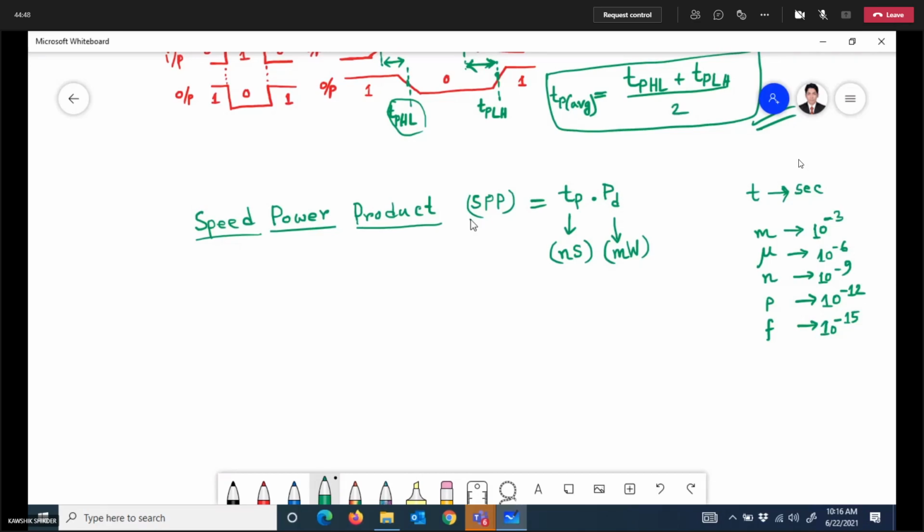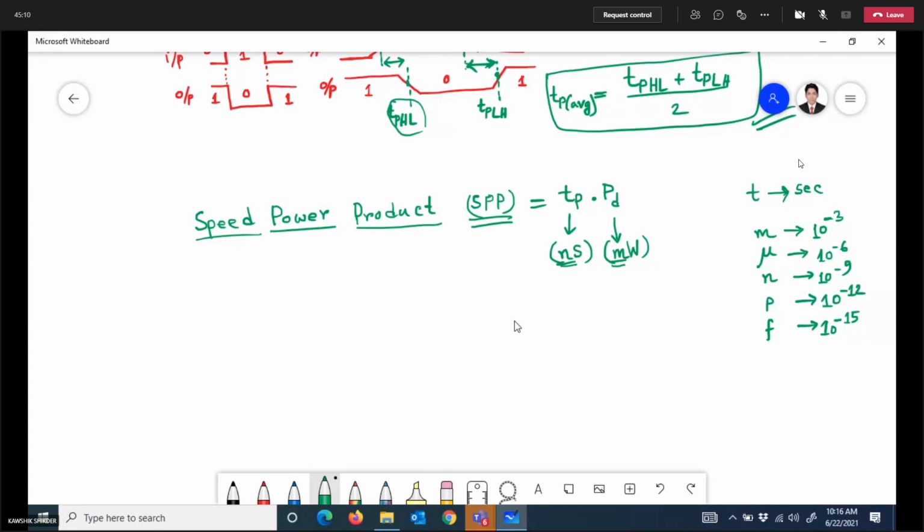Now let me know what should be the unit for SPP. At first let me know the multiplier. This is nano, -9, and this is milli, -3.